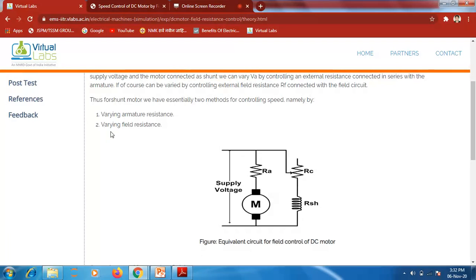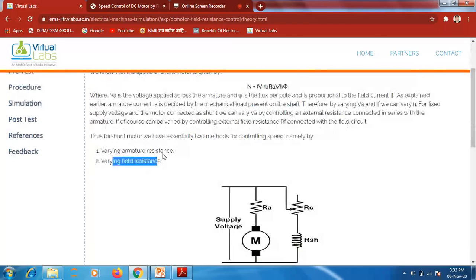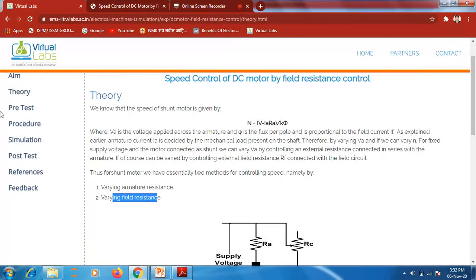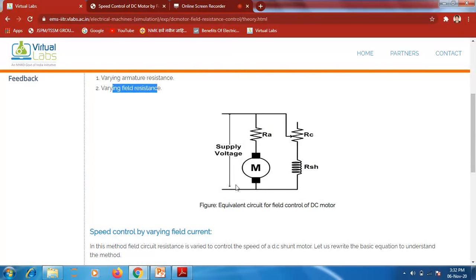There are two different methods through which we can control the speed of a DC motor. The first one is armature resistance control, and the second one is field resistance control. But in this video lecture series, we're going to perform the speed control of a DC motor by field resistance control. This is the circuit diagram, the equivalent circuit of the field control of a DC motor.